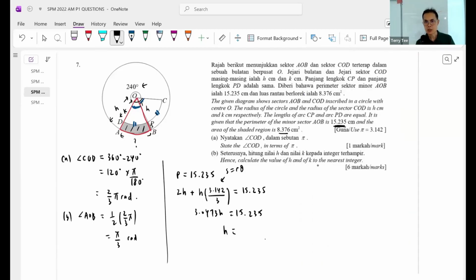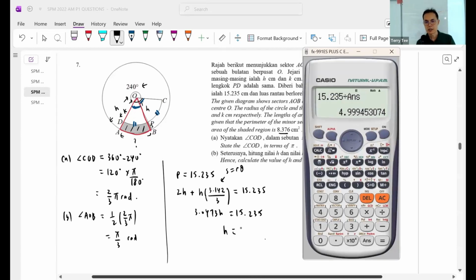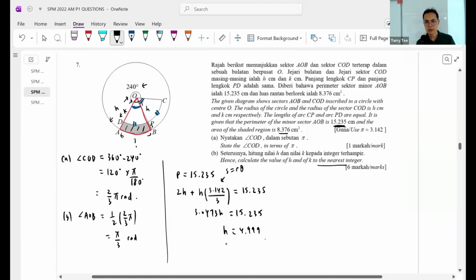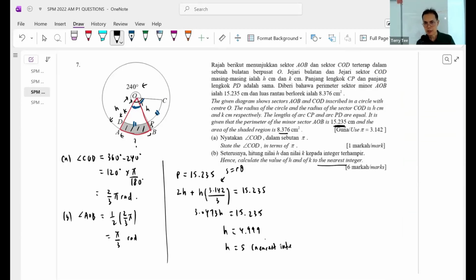Okay? They say to the nearest integer. You can write the whole thing, 4.999 to the nearest integer is 5. Yeah, I'll write here, nearest integer. Okay, now that I've got my H, I'm going to find my K. Okay, you use the area of sector.